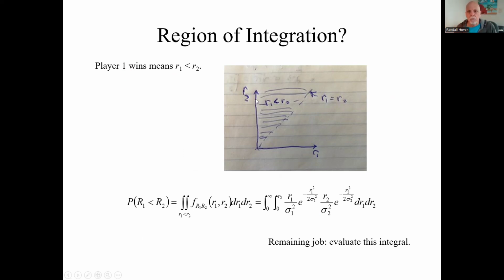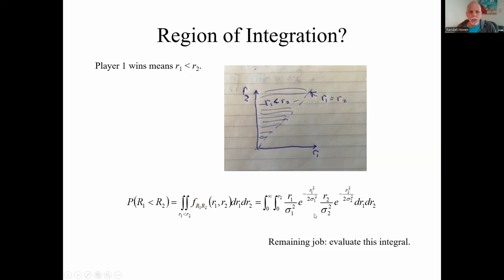And those Rayleigh distributions are only non-zero for R's greater than zero. So we're definitely going to be in the first quadrant, right? But also, where is this true? R1 equals R2 at this straight line. And up here in this shaded region is where R1 is less than R2.